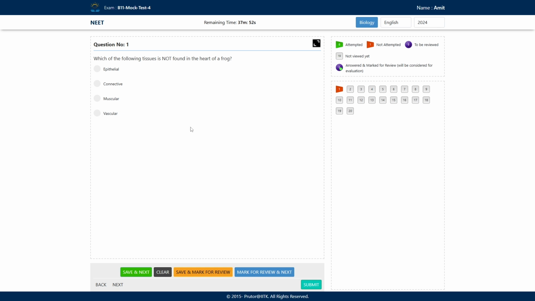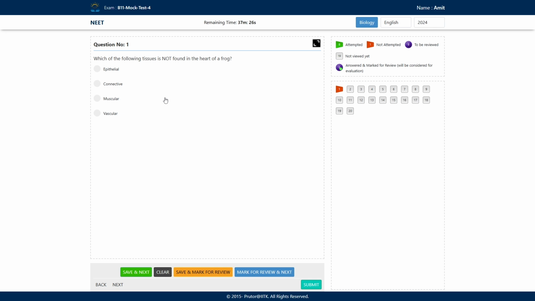Which of the following tissues is not found in the heart of a frog? If you see the heart of a frog, which of the following tissues is not present? Let us see the options: A. Epithelial, B. Connective tissue, C. Muscular tissue, and D. Vascular tissue.